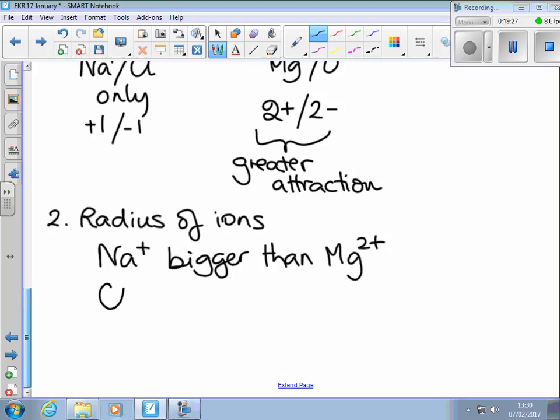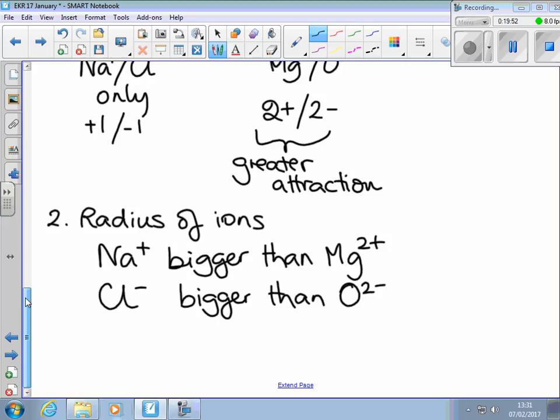And the chloride ion is bigger than the oxide ion because it's got an extra shell anyway. So our smaller ones are the magnesium and the oxide ions, but for different reasons. For the magnesium, it's about the pull of the protons. For the oxide, it's about the number of shells.